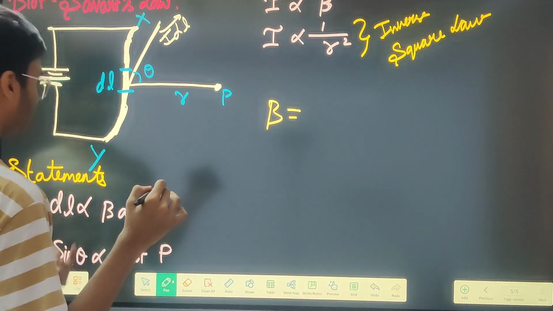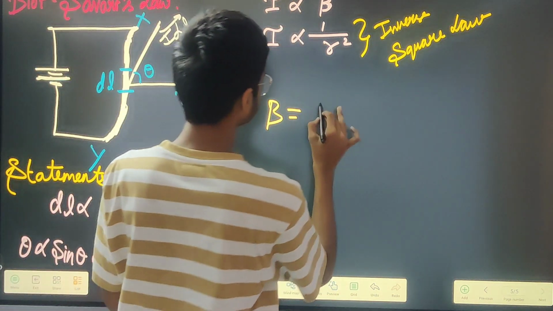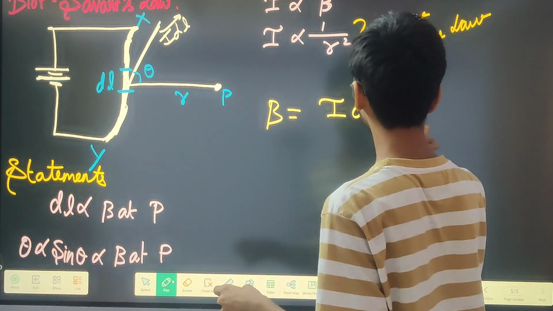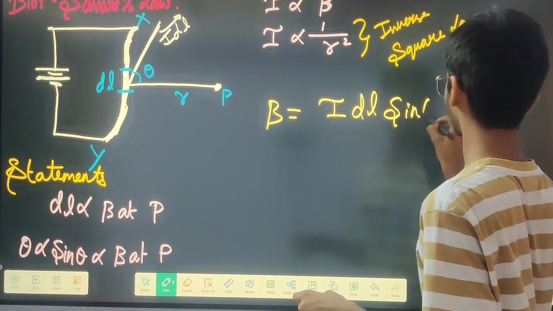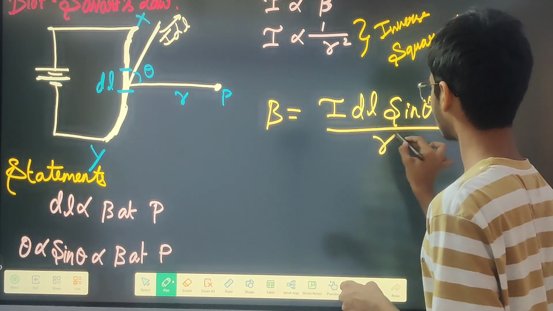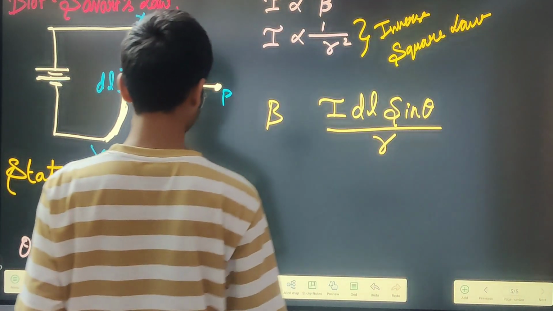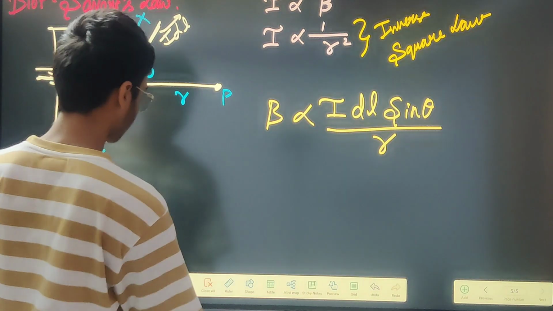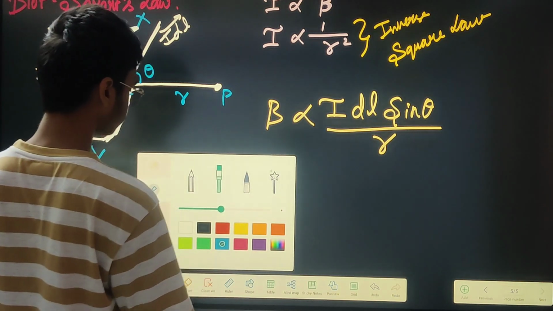DL I'll write lastly, and sin theta also. Here it is proportional. In order to remove the proportionality, what do we have to do?